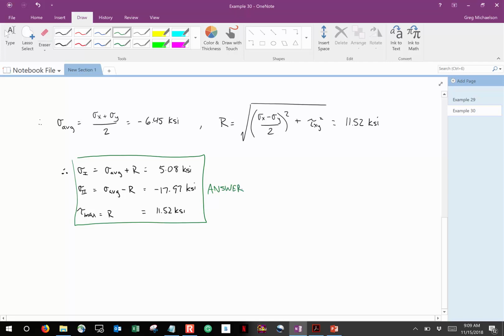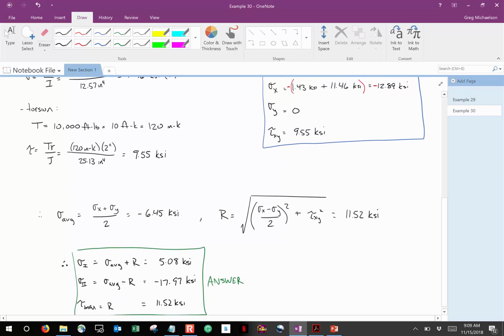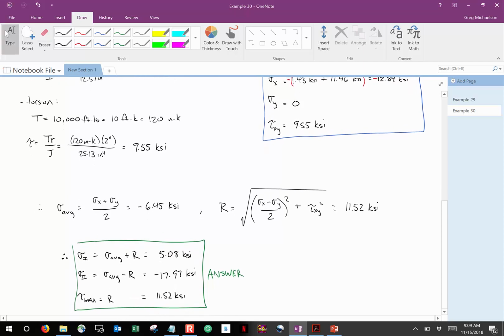All right, and so again, very similar as before, our principal stresses and maximum shear stresses are larger than our initial states of stress. So again, hopefully this really drills in that orientation really matters when you're evaluating states of stress.